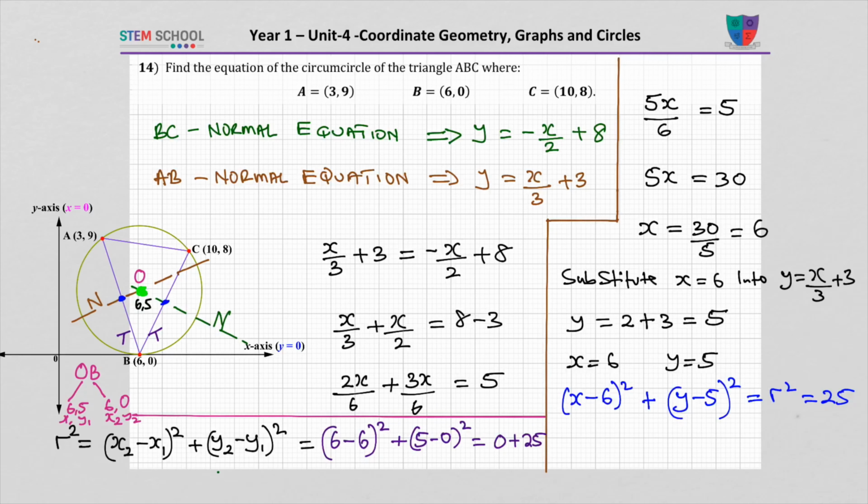So the equation of the circle is (x minus 6) squared plus (y minus 5) squared equals 25. That's the equation of the circle.